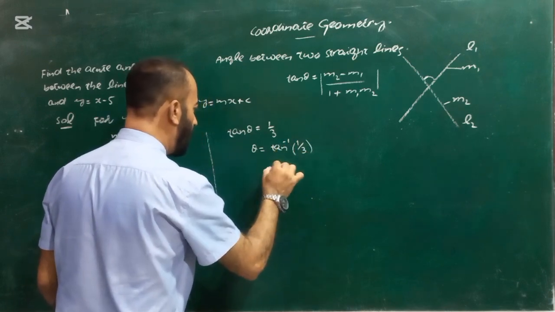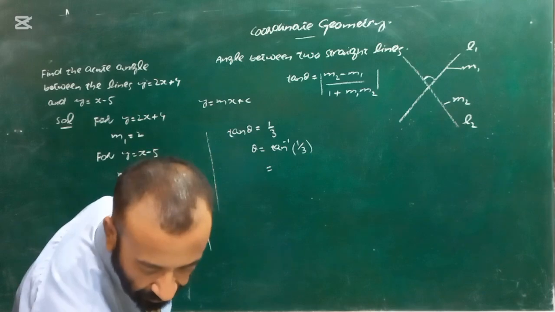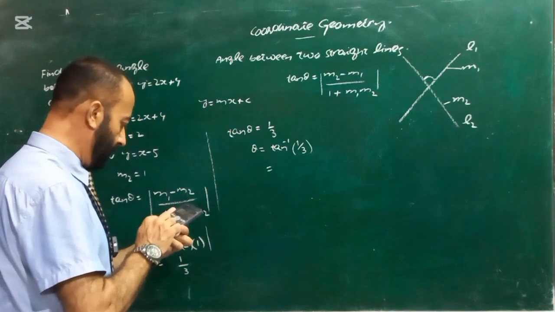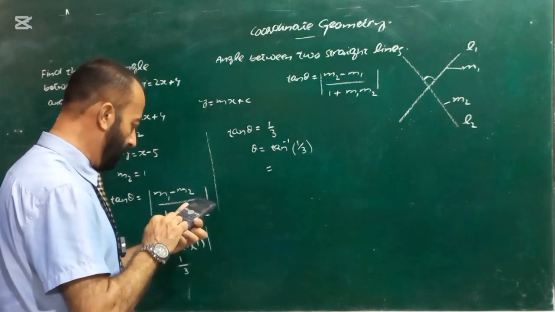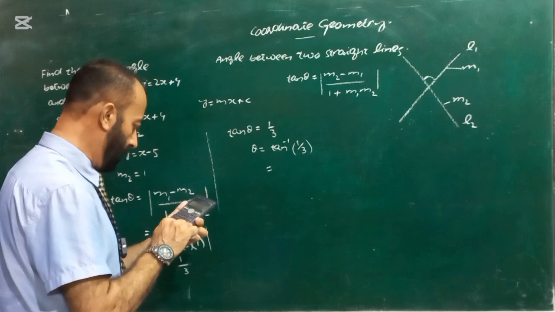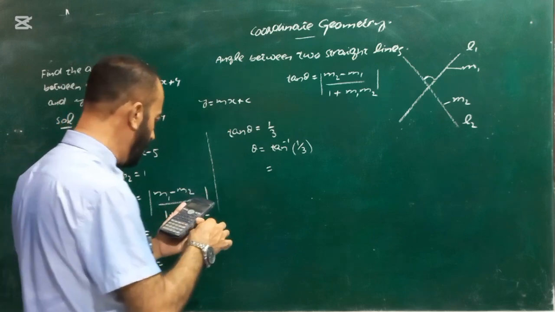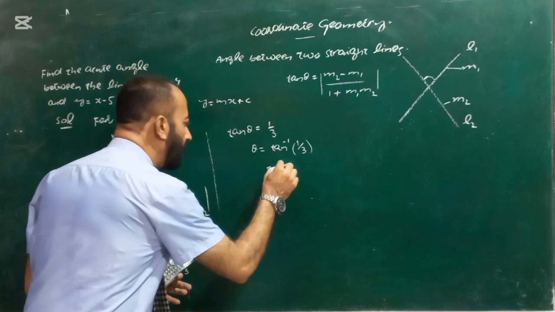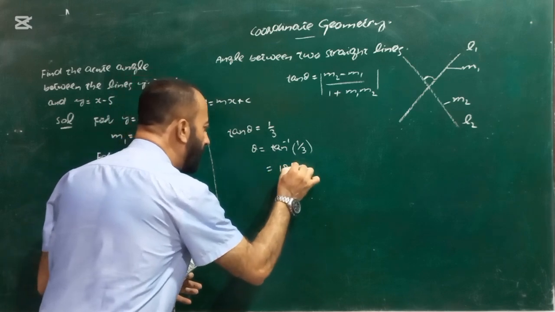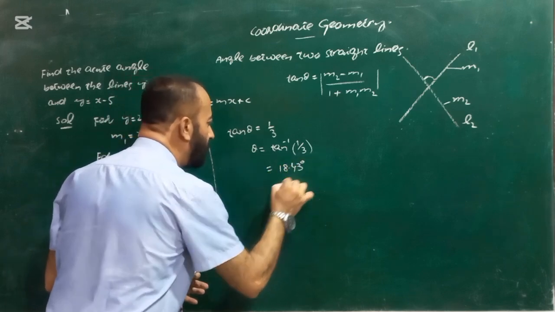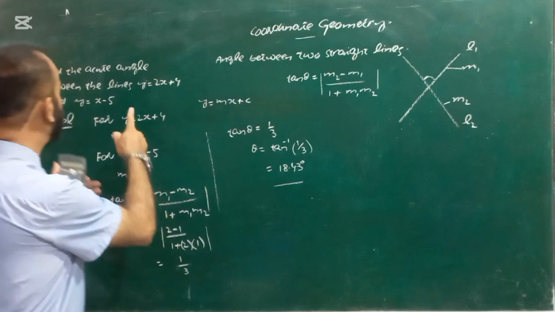So solve it on the calculator to get the answer. So tan inverse 1 by 3. The answer is 18.43. So this is the angle between these two lines.